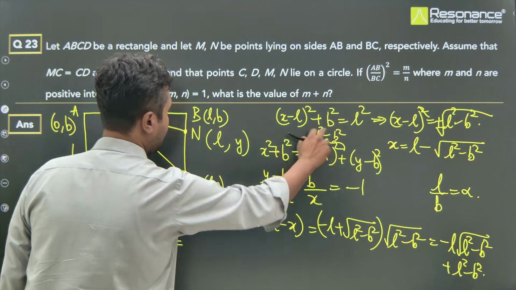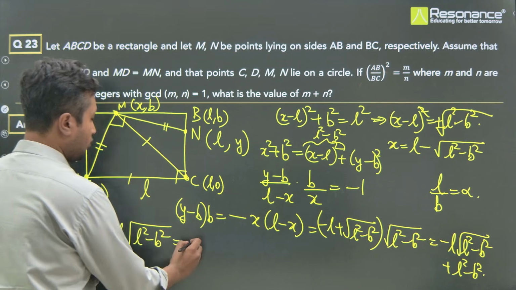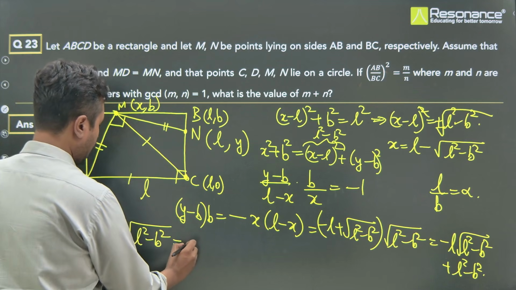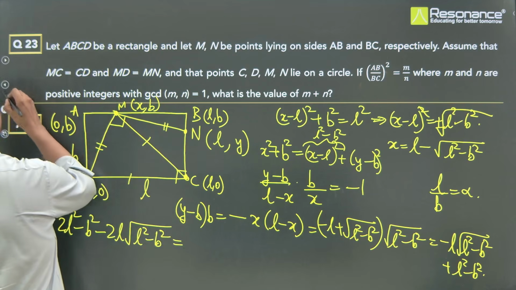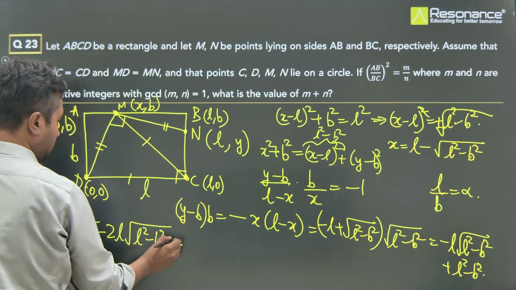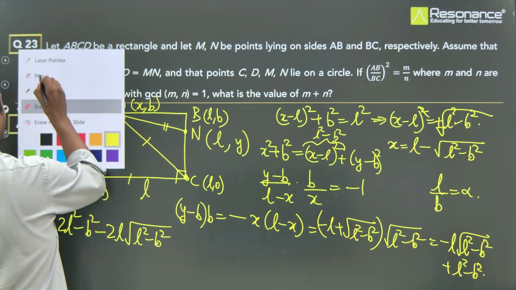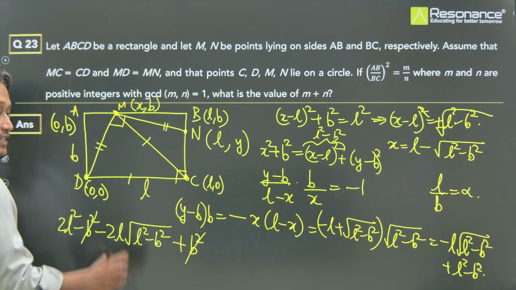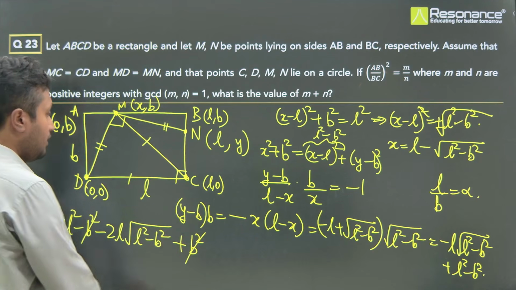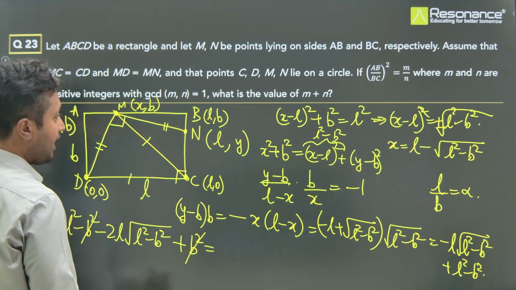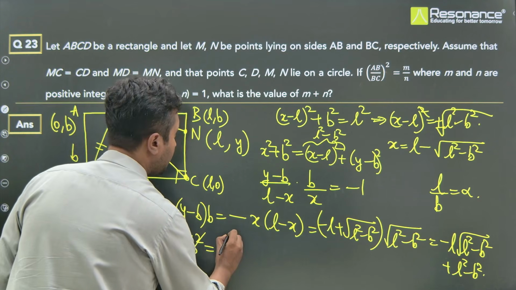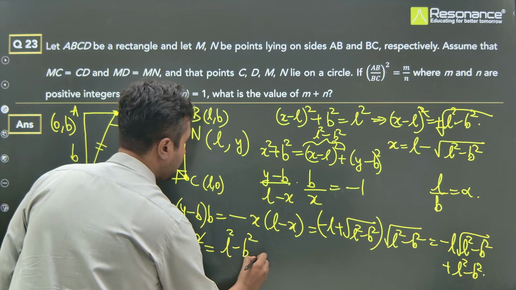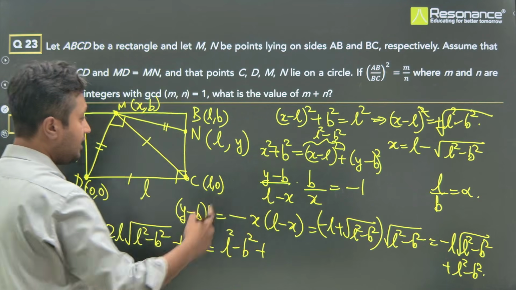So L square minus 2B square, if you put that over there. I guess we'll just put it over here because I want that to cancel with this B square over here, right? So on the other side, we have L square minus B square plus y minus b whole square.